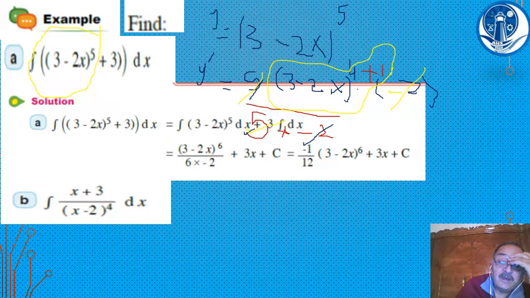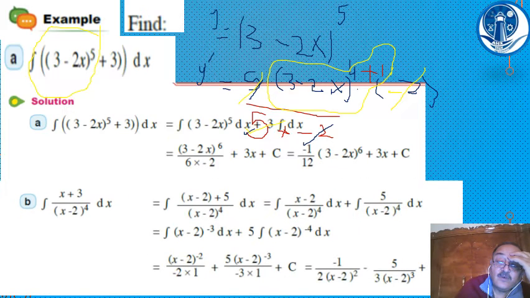If we add negative 2 plus 2, it will be x minus 2 plus 5. You remember I told you to add 2 and minus 2.